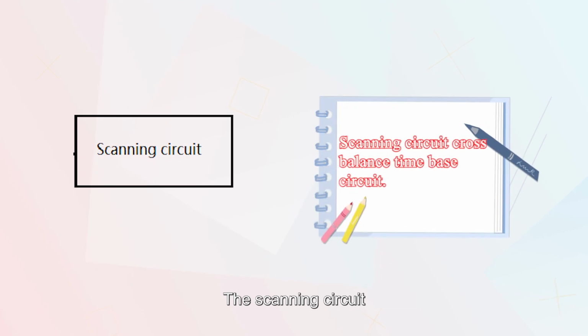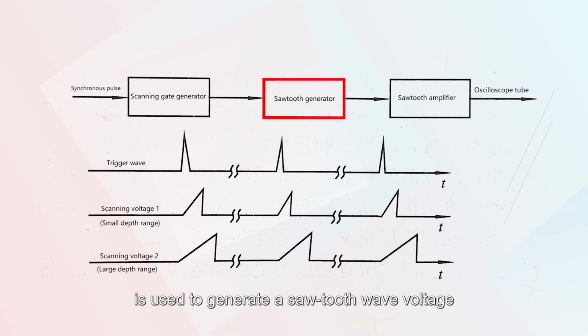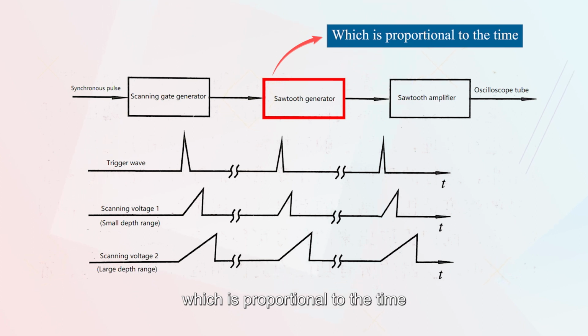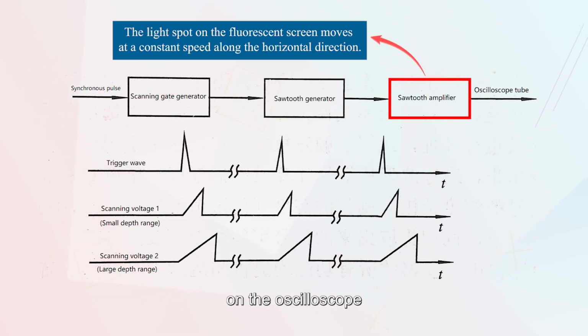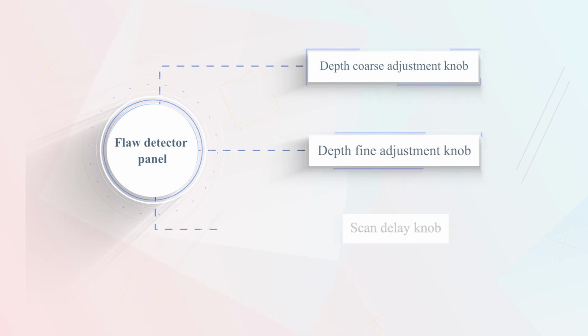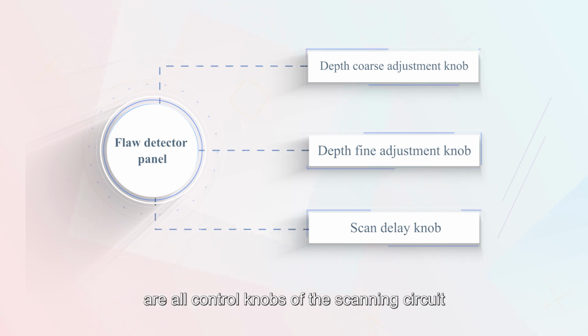The scanning circuit, also known as the time base circuit, as shown in the figure, is used to generate a sawtooth wave voltage, which is proportional to time, and added to the horizontal deflection plate of the oscilloscope tube to make the light spot on the screen move at the same speed in the horizontal direction to generate a horizontal scanning baseline. The depth coarse adjustment, fine adjustment, and scanning delay knobs on the panel of the flaw detector are all control knobs of the scanning circuit.